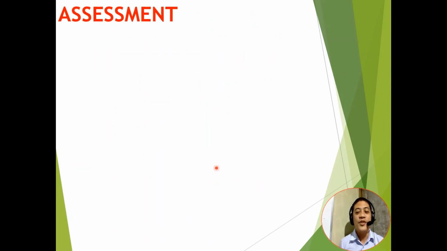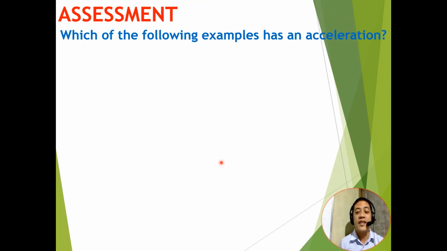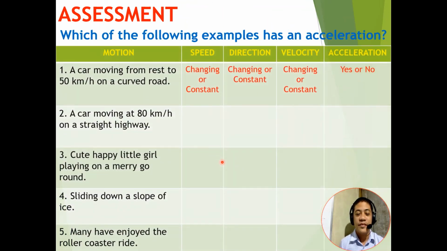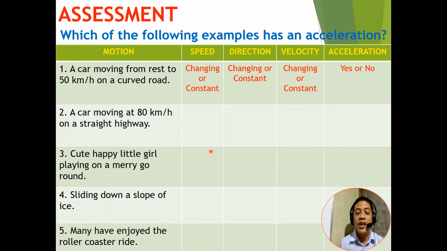Okay, let us assess your understanding of today's lesson. Which of the following examples has an acceleration? Motion number 1, a car moving from rest to 50 km per hour on a curved road. How about motion number 2, a car moving at 80 km per hour on a straight highway. Motion number 3, a cute happy little girl playing on a merry-go-round.